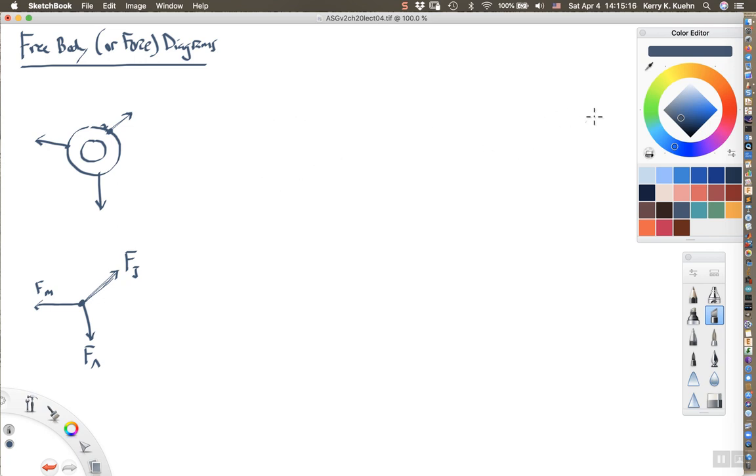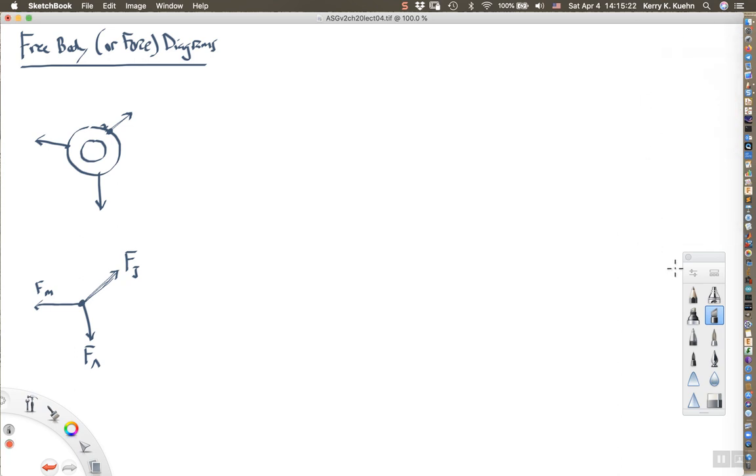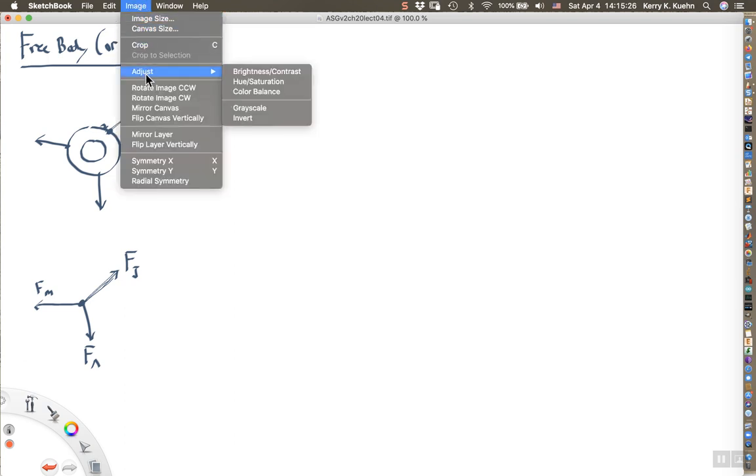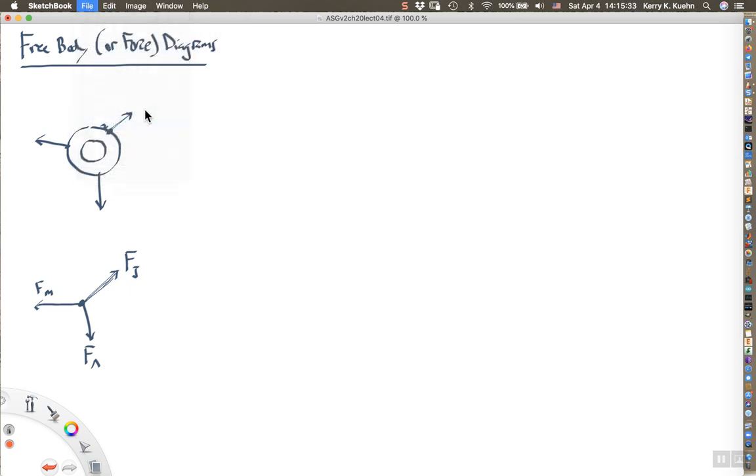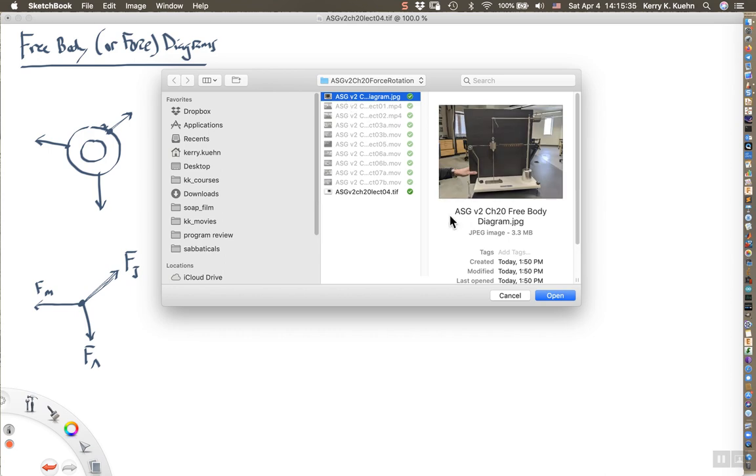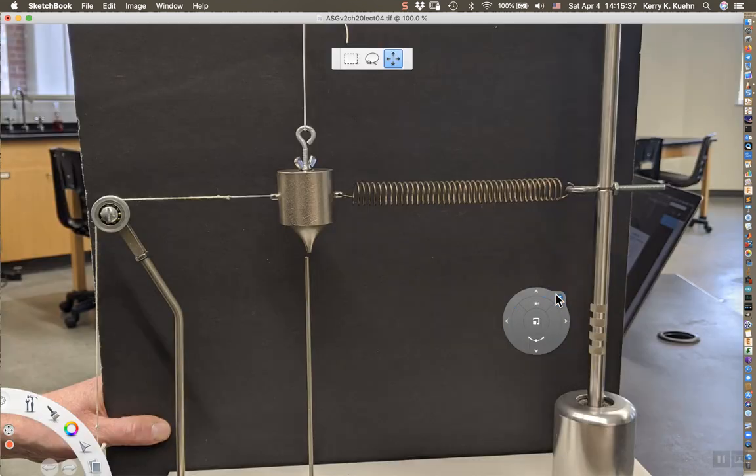All right, having said that, now we're going to draw some free body diagrams for the force and rotation apparatus. Let me get rid of these for the moment. Let's import an image. This is a picture that Professor Schindler took.